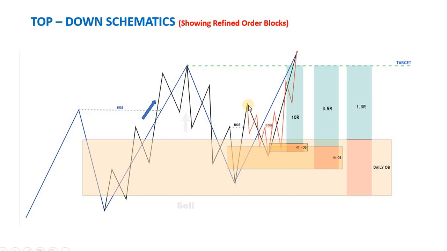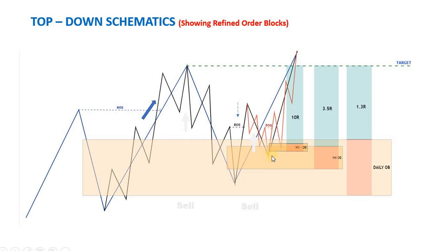Okay, when we have that at the back of our mind, we can now scale down to the 1 hour and look for a break of structure for a sell opportunity that we have here to take the price down to the discount level of the 4-hour trading range.